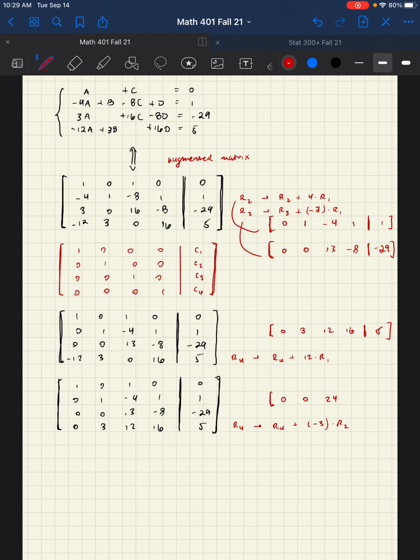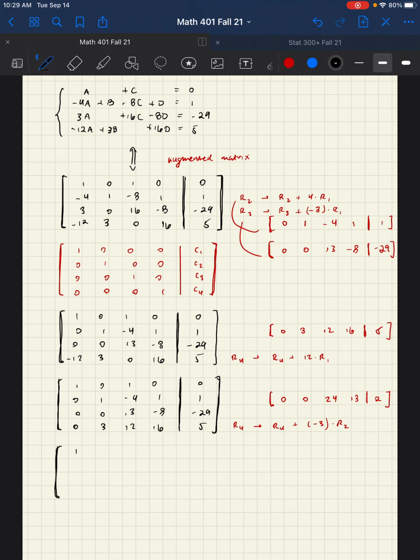1 times negative 3 is negative 3, plus 16 is 13. And 1 times negative 3 is negative 3, of course. Plus 5 is 2, positive 2.